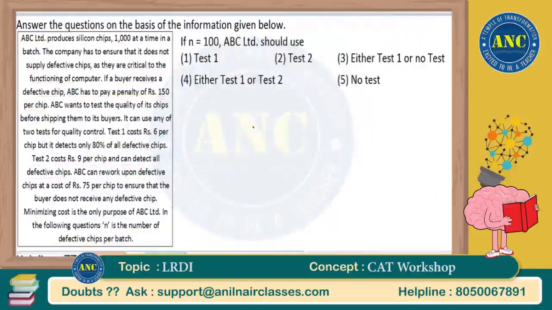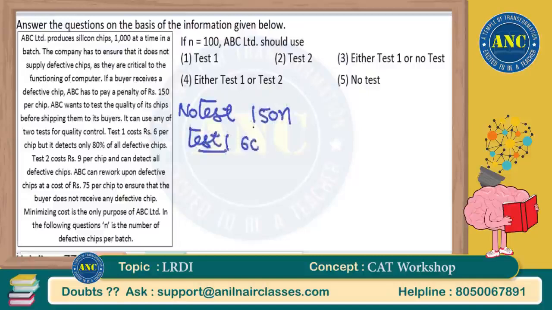See the third question. Already we discussed, right? No test will give you 150n. Test 1 will give you 6000 plus 90n. Test 2 will give you 9000 plus 75n.